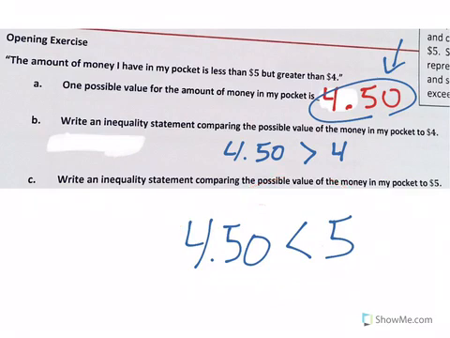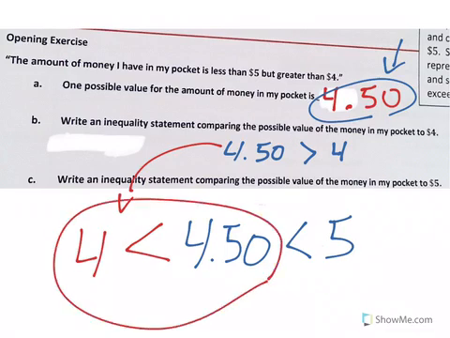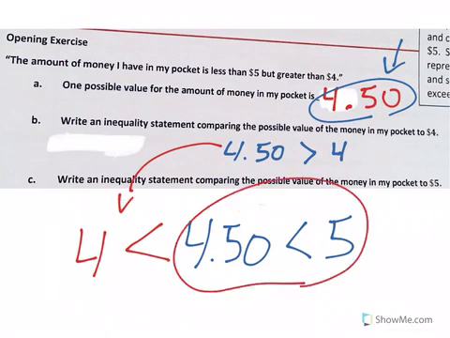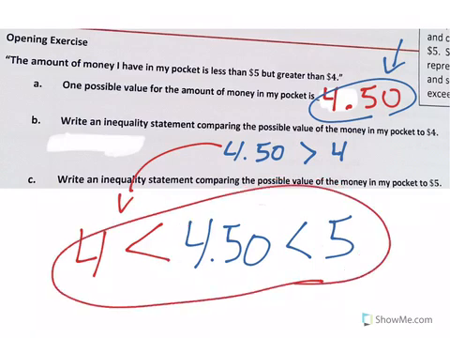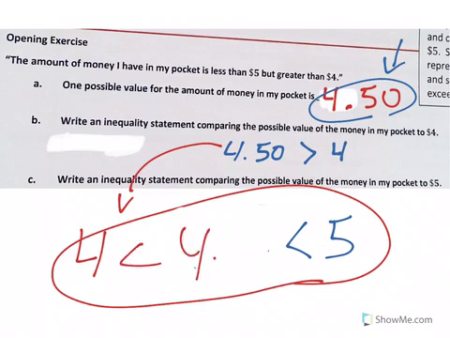That makes sense. If I wanted to add in this equality statement, I could say 4 is less than 4.50, which is less than 5, right? This is true, and this is true, and so the whole thing is true. So that's my inequality statement. $4 is less than $4.50, which is less than $5. So it makes sense in this order, because even if you erased this middle number, 4 is also less than 5. So having that there, any of that is still true.